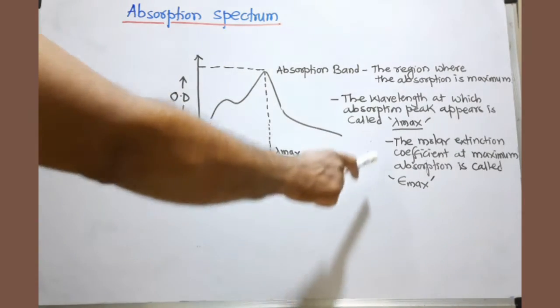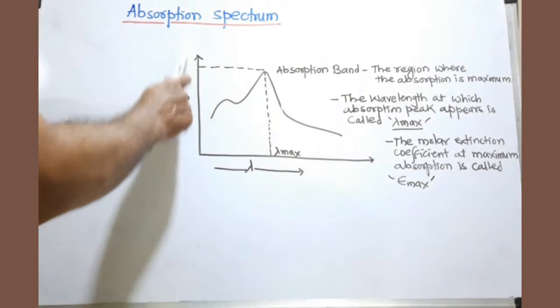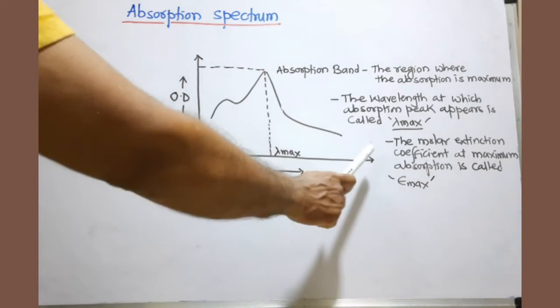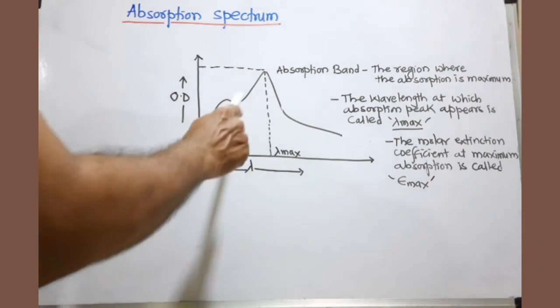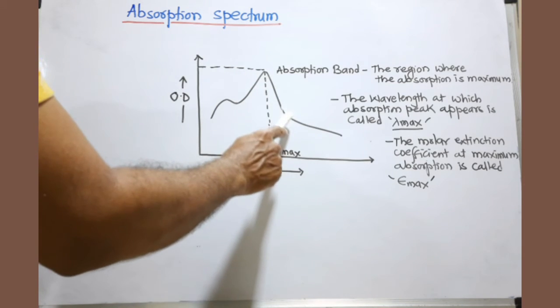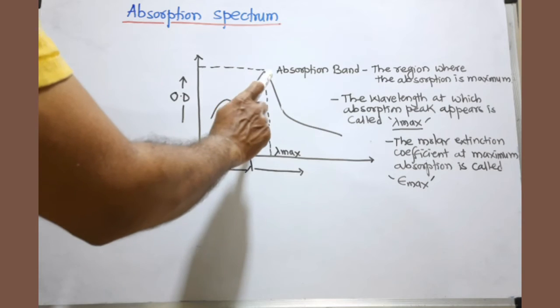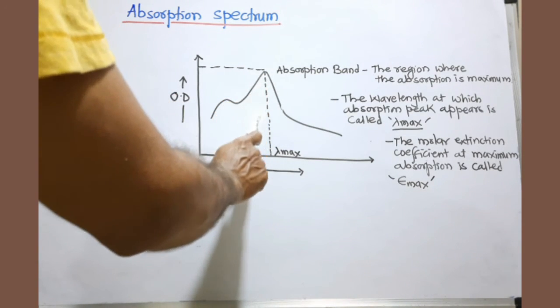If you look at the nature of the absorption spectrum, on this axis the optical density (OD) is given, and on this axis different wavelengths are given. You can see that the maximum absorption occurs here in this spectrum. The region where the absorption is maximum is called the absorption band.